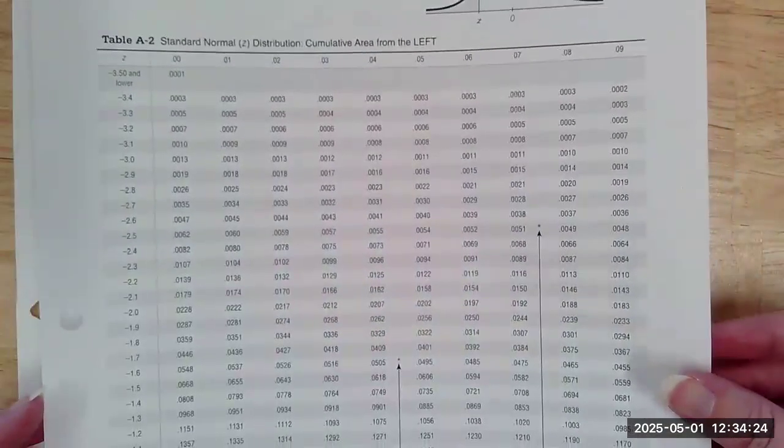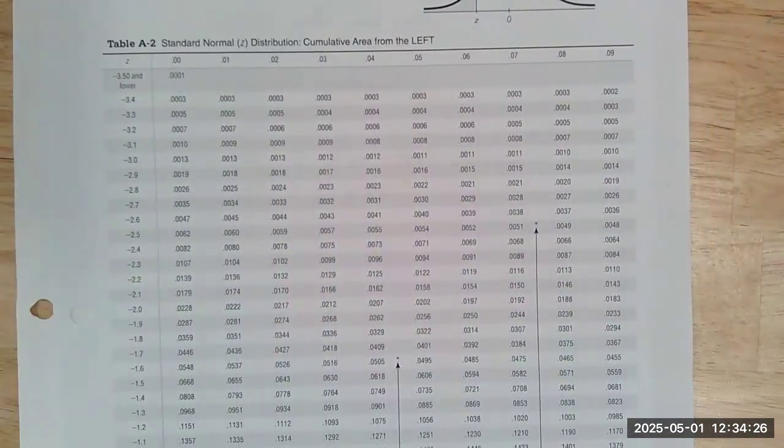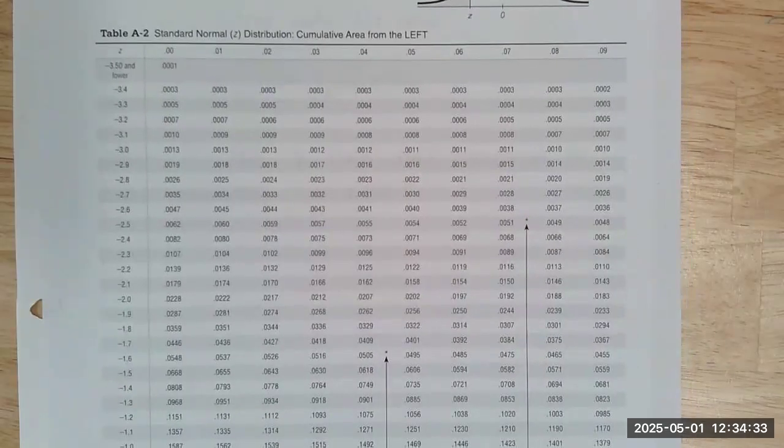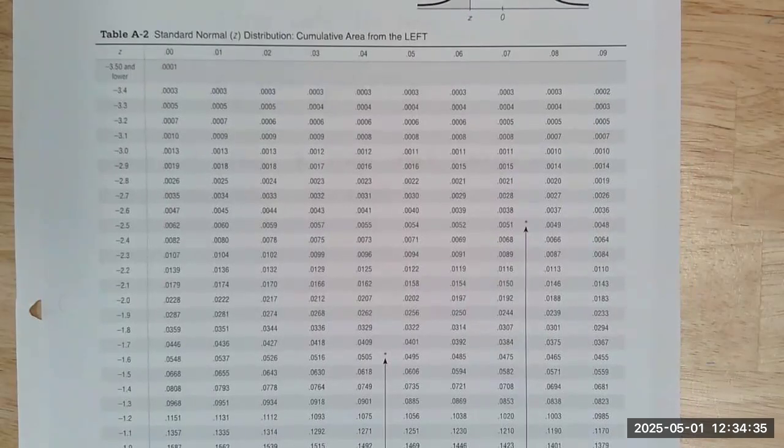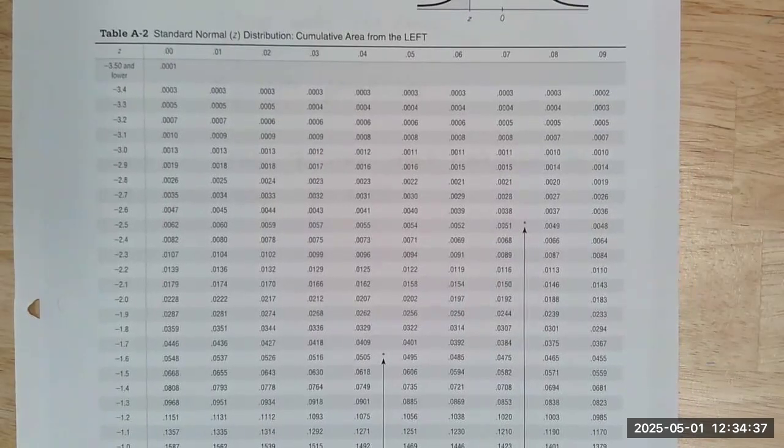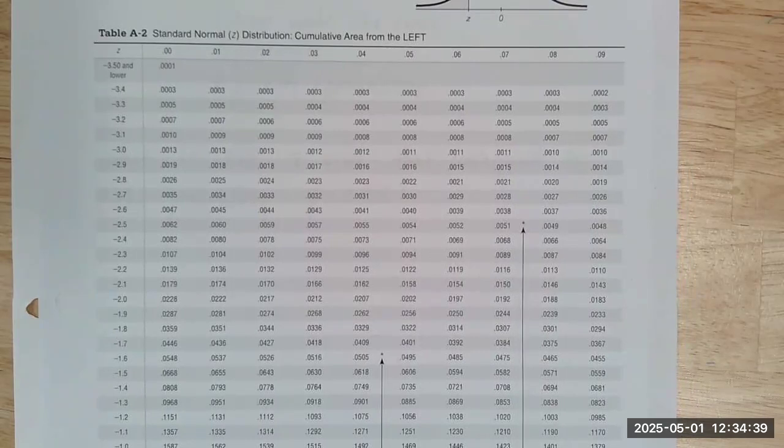Take a second and see if you can find either 0.25 or something really close to 0.25. I found 0.025. That's wrong. I don't want that one, so I got to keep going.